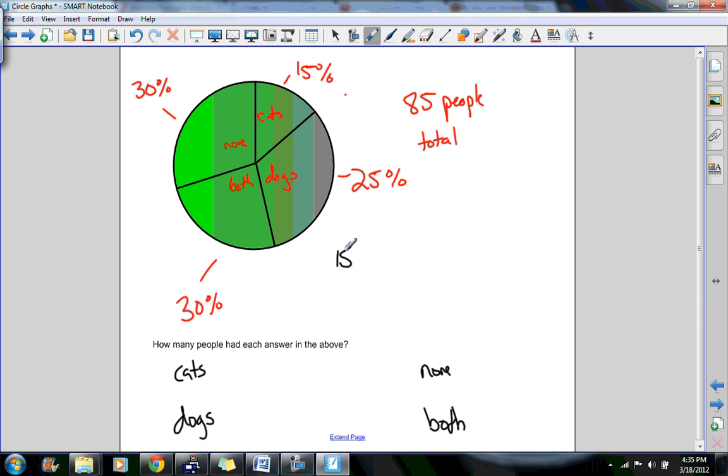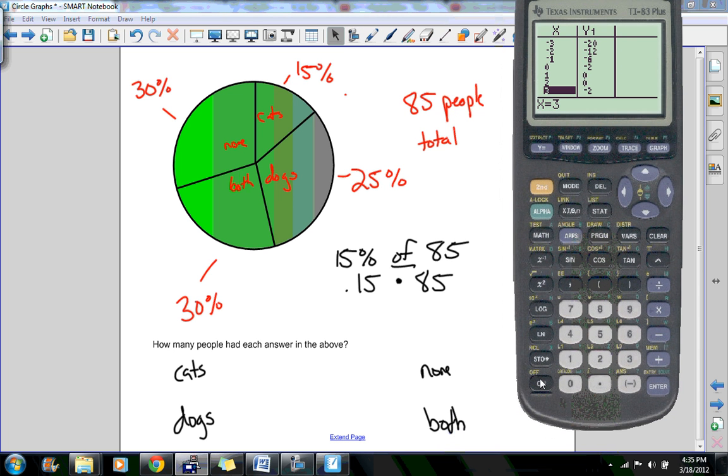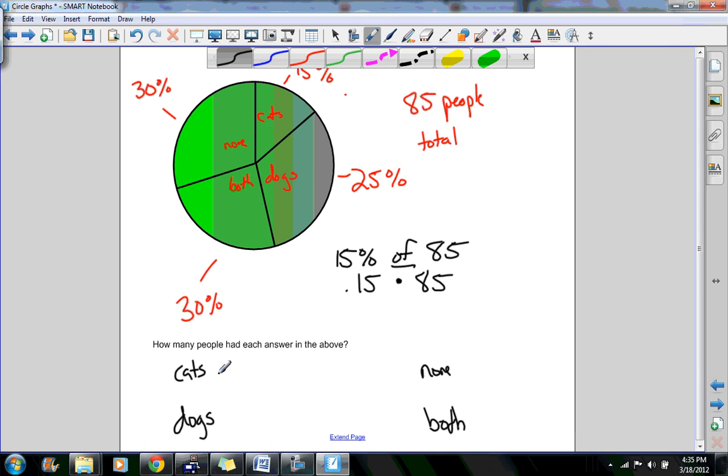Now, let's look at cats first. We have 15%, and it's 15% of the total, which is 85 people. Well, this brings back our percentage thing. Of means multiplication, and 15% means 0.15. And look at that, 0.15 times 85, we get a calculator out. Not 0.85, 85, gives the answer of 12.75. I'm going to round up to get 13 people.